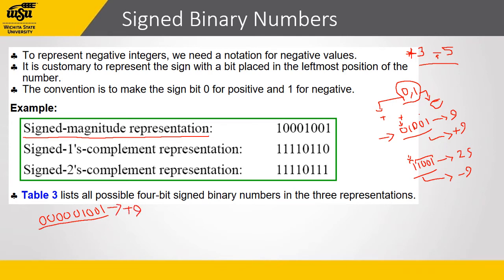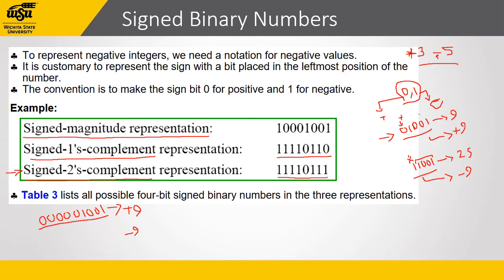And to show the negated or negative 9, it takes the 1's complement or 2's complement. Both approaches can be used to find the negated of integer 9. But the 2's complement is the most commonly used because it needs less hardware and it makes the design simpler.